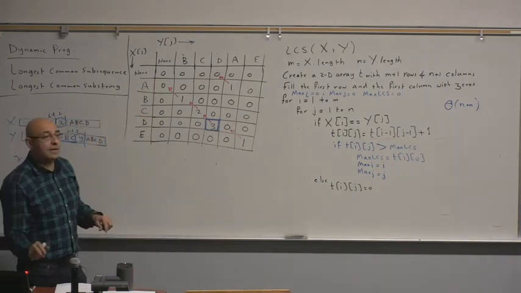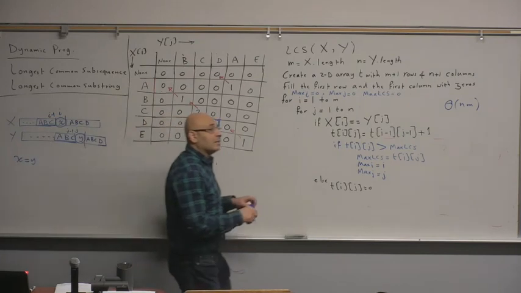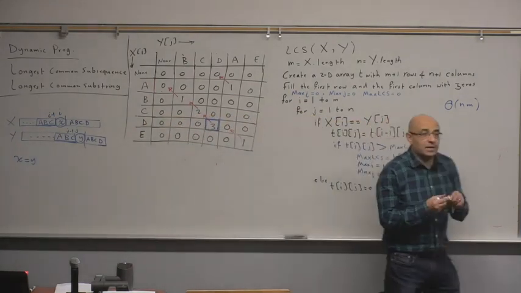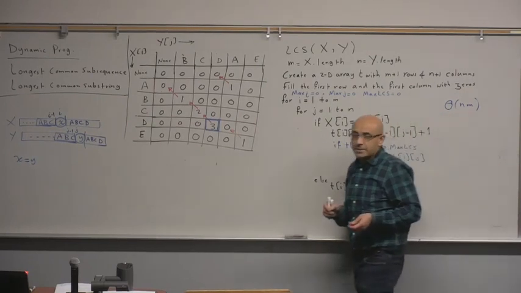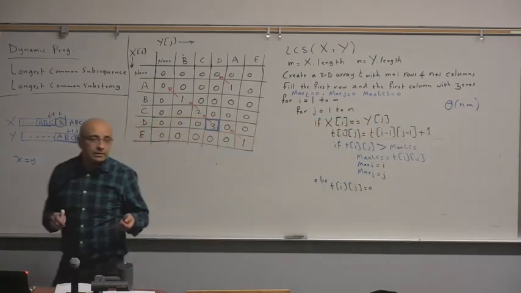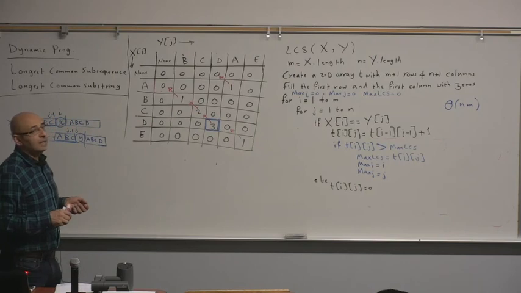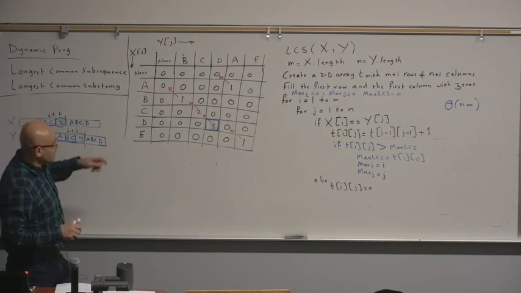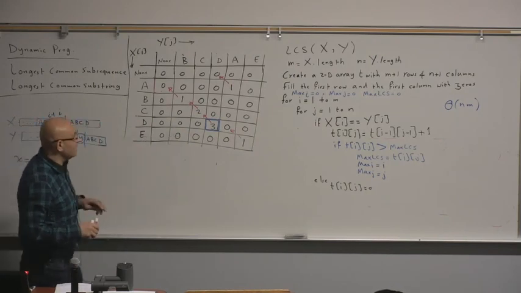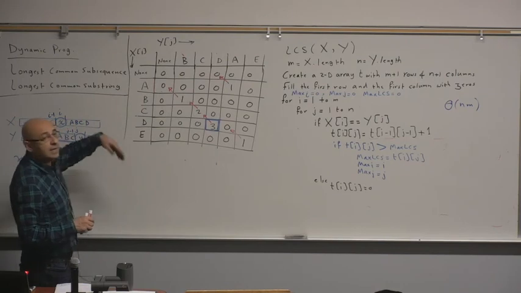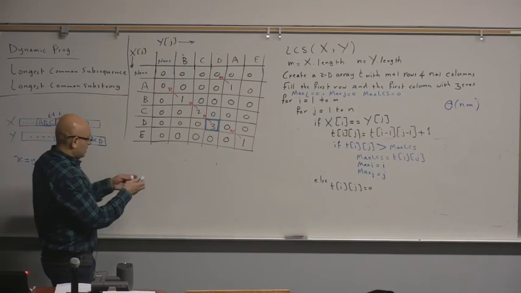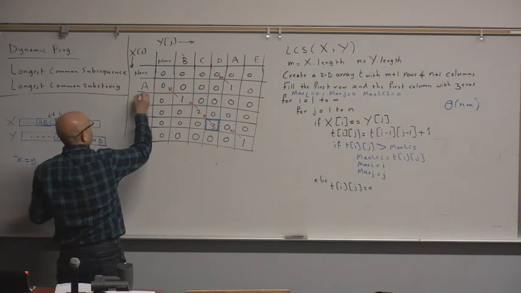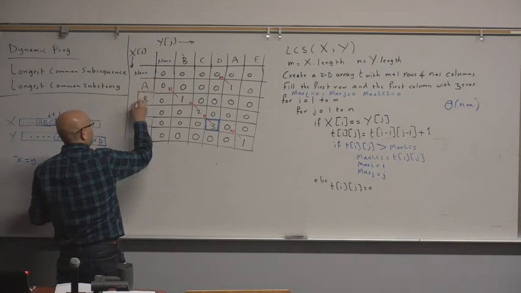Now, how will we find the string? Will that be easier or harder than the longest common subsequence to find the actual string? Easier. Why is it easy? How can we find it? Exactly. The length of the longest common substring is 3. So I just go 3 characters back in either string.